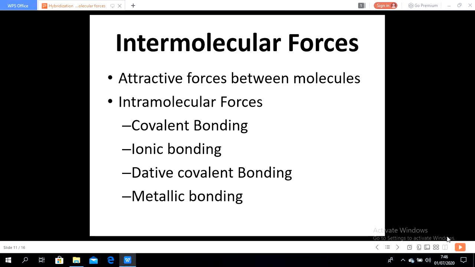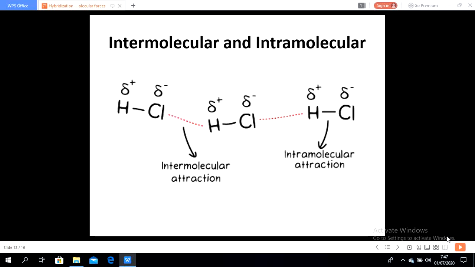For intramolecular forces, we learned there are four: covalent, ionic, dative covalent, and metallic bonding. Dative covalent is in between covalent and ionic. It is not purely covalent, it is not purely ionic. It is dative covalent bonding, and there is metallic bonding. So this is the description of the diagram of intermolecular and intramolecular forces.